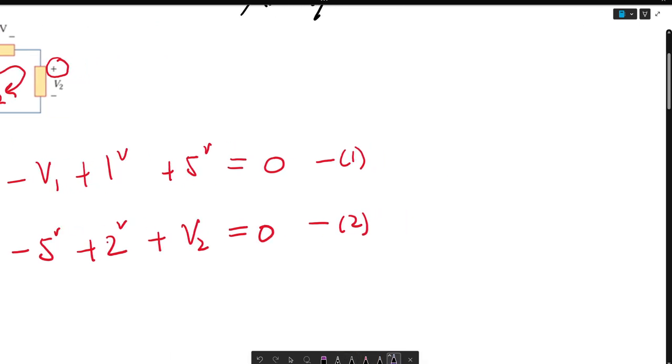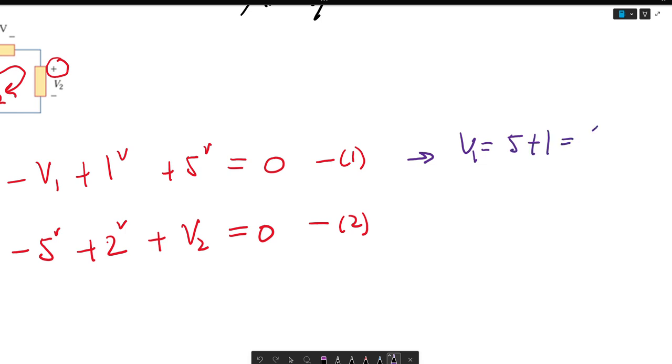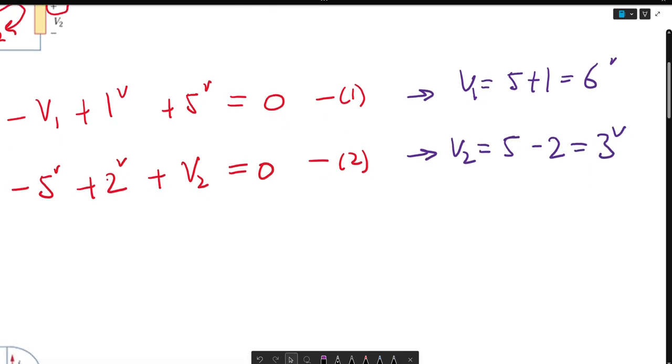If I wanted to solve for V1, I could then say that V1 is equal to 5 plus 1, which is 6 volts. And V2 is equal to 5 minus 2, which is equal to 3 volts.